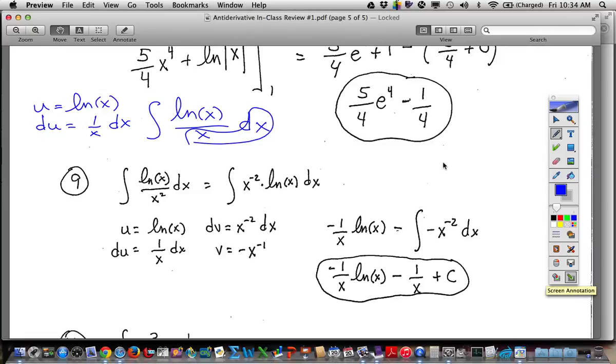The other example of that we had, like a sine of, I think it was this the other day. Maybe it was on this packet. We had this right here, right? Well, we let u be the inside. We didn't let u be the whole top. We just let u be the inside, x to the 1/2, because the du is 1/2 x to the negative 1/2, which is right there.